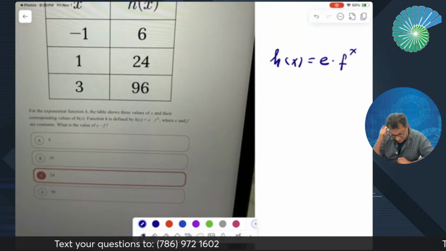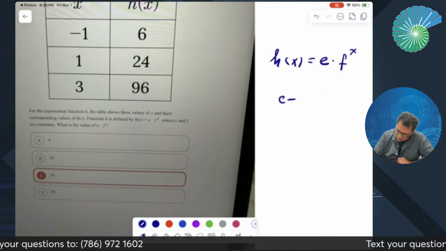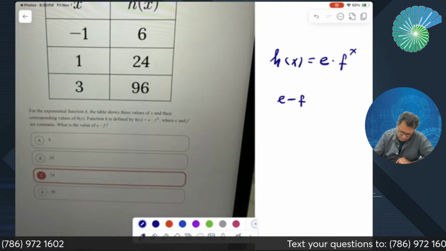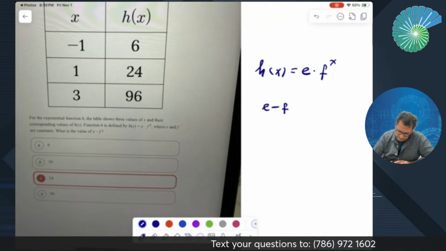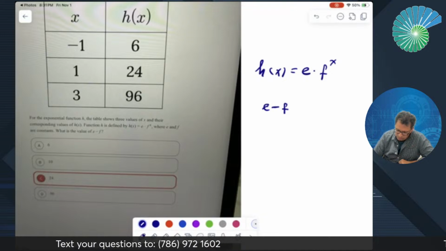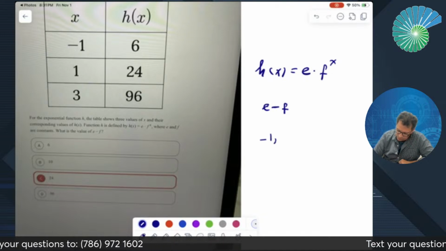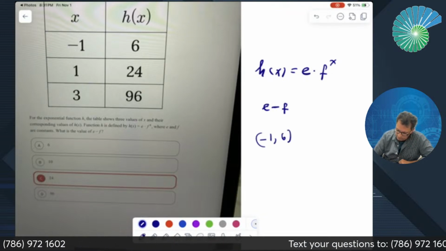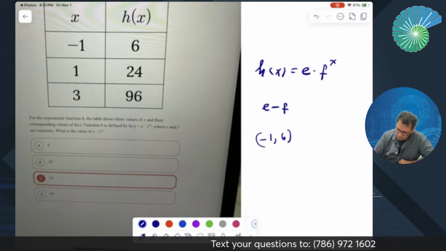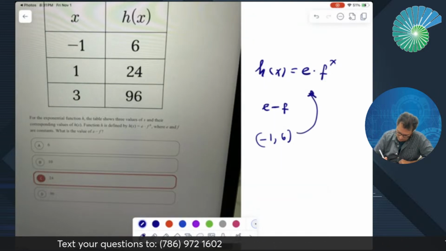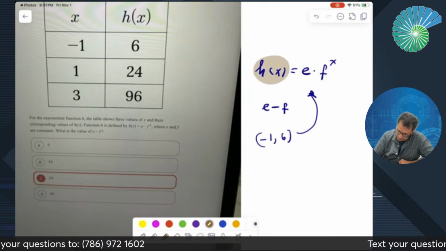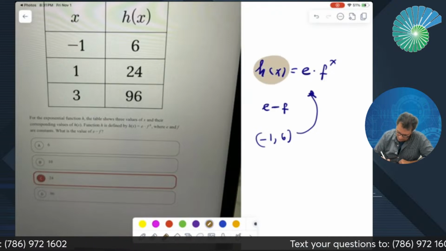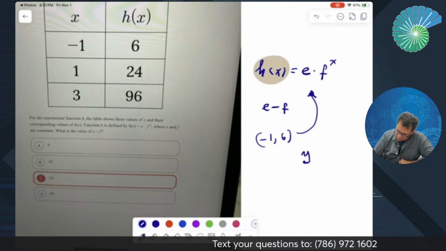And obviously I want to find E and F, otherwise I wouldn't be able to find what's E minus F. Okay, so I can use the first point and plug it into this function. Remember, this is Y. This is Y, right? I can write that function like this.